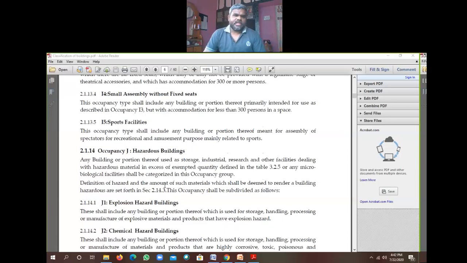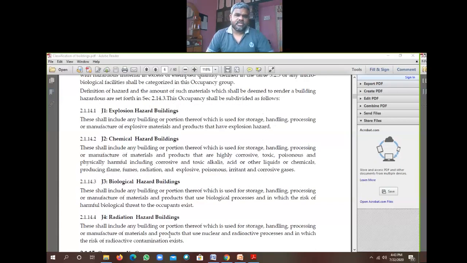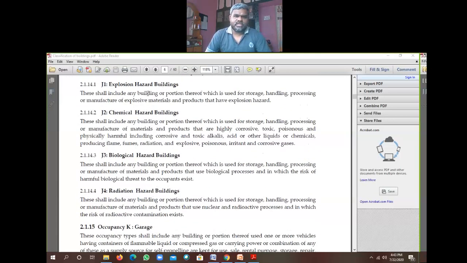These are I5. And hazardous buildings: these are any building used as a storage with hazardous material in excess of the exemption quantity defined above, such as explosive buildings, chemical hazardous, biological, radiation, right? So if these are used for storage and handling, processing and manufacturing of explosive materials and products, this is J1.